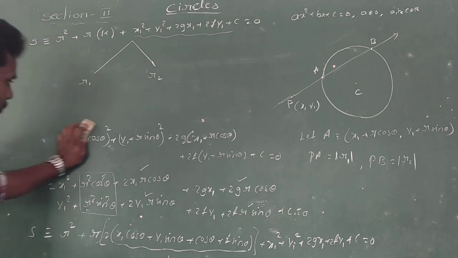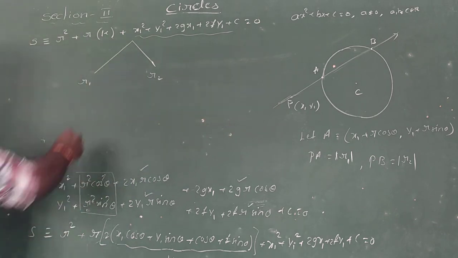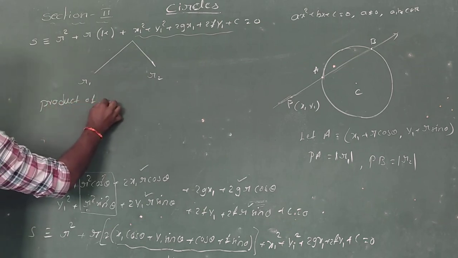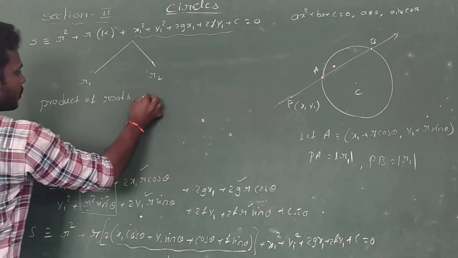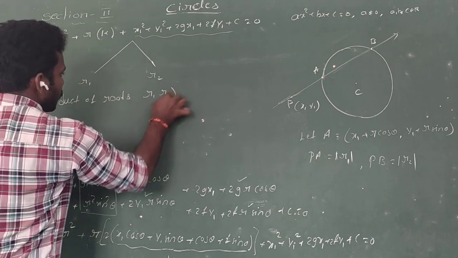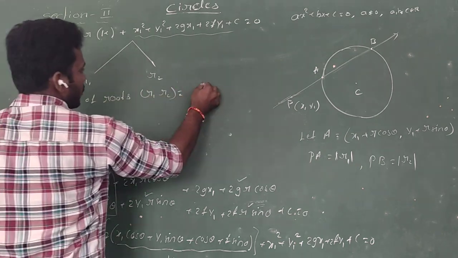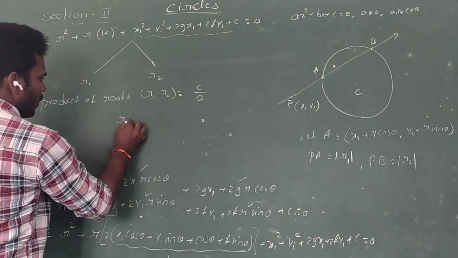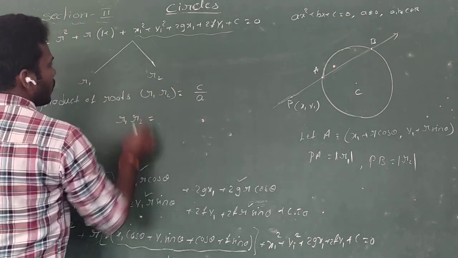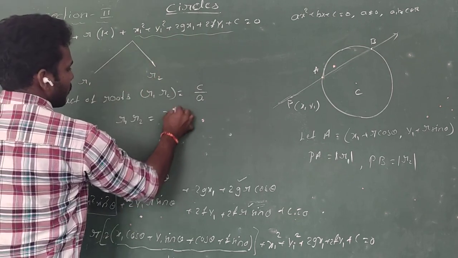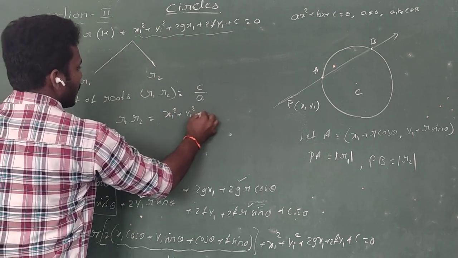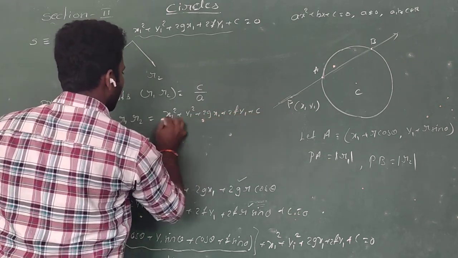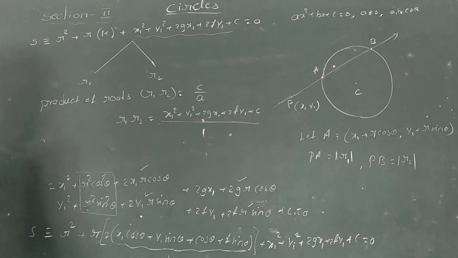Now the product of roots formula: the product of roots r1 r2 is equal to constant by leading coefficient. This is the general formula. That's why r1 into r2 is equal to the constant, x1 square plus y1 square plus 2gx1 plus 2fy1 plus c, by leading coefficient 1.